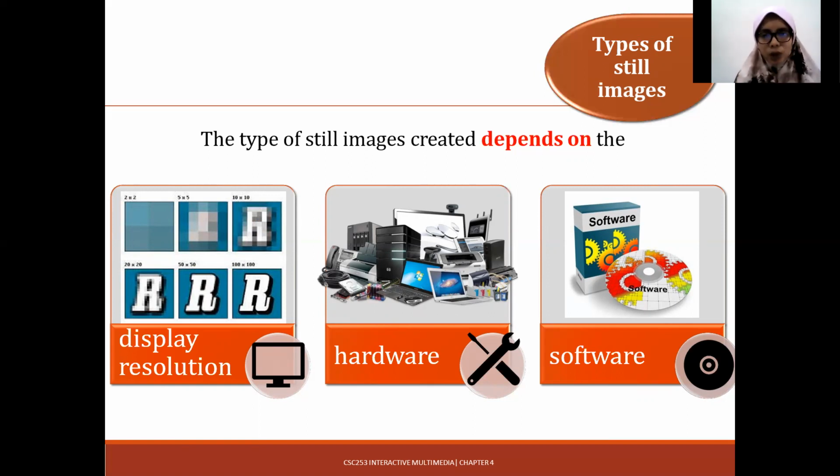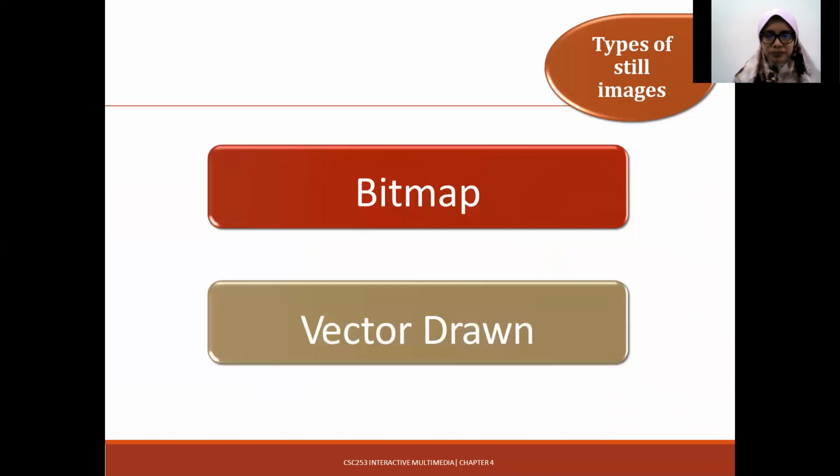The second one is hardware. Do you use a Macintosh or a Windows platform, or what kind of hardware are you going to use? And then software. So the type of still image created depends on display resolution, hardware, and software.